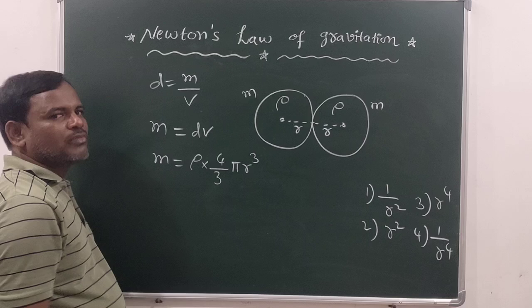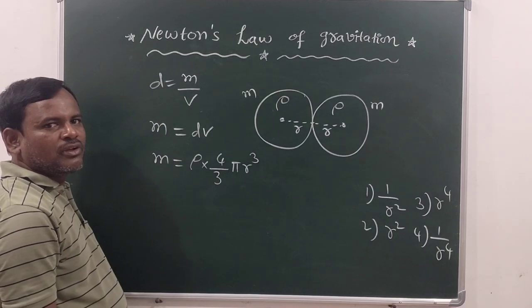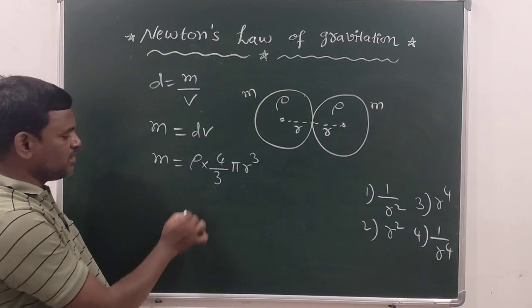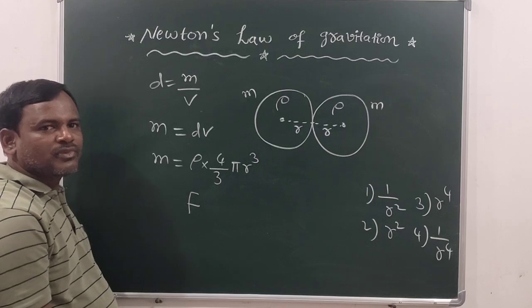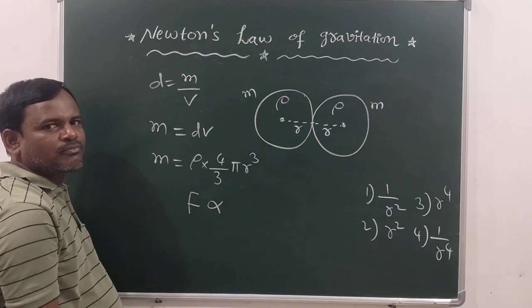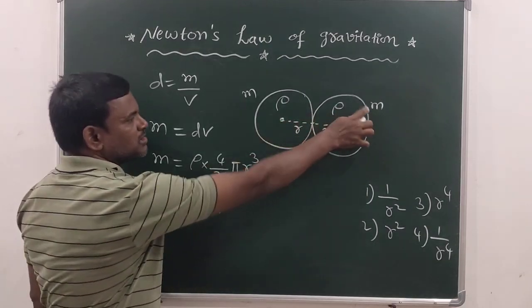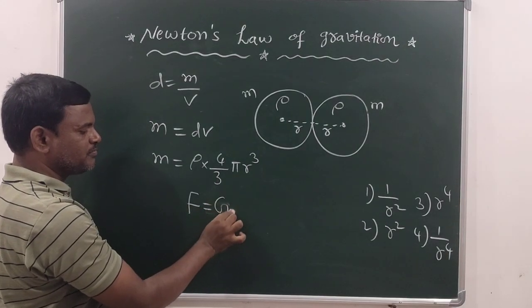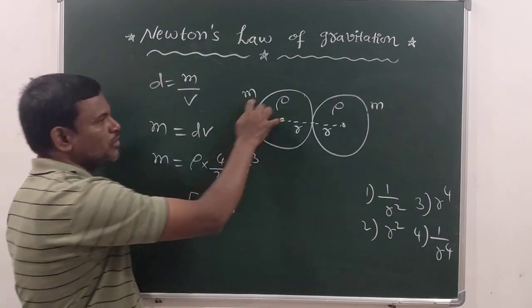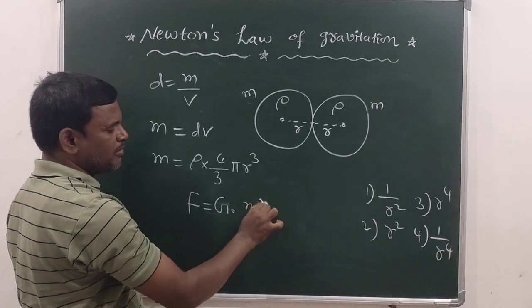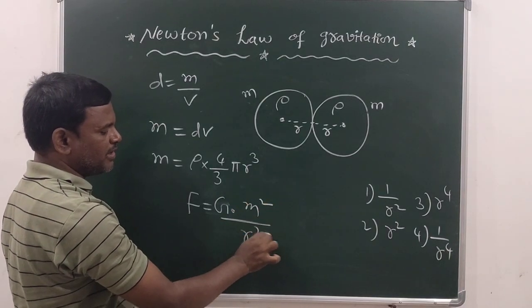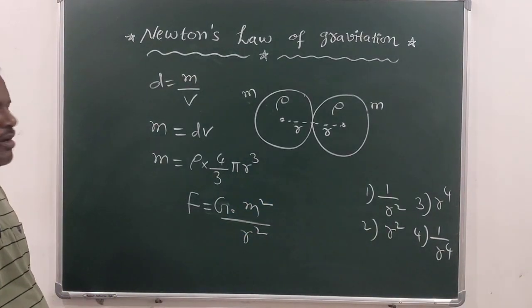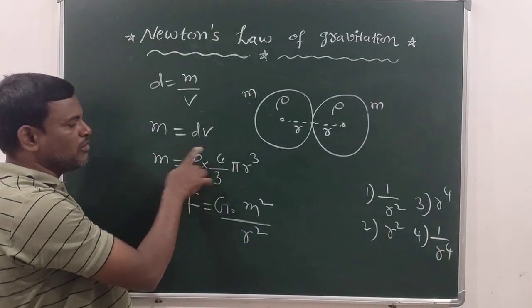Now let us apply the law of gravitation. F is directly proportional to the product of masses m into m. Otherwise write here G constant, so m into m, m square by r square. Now here you got the m value this much, no?